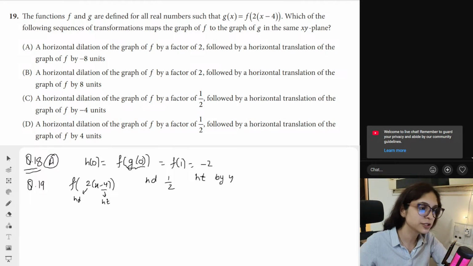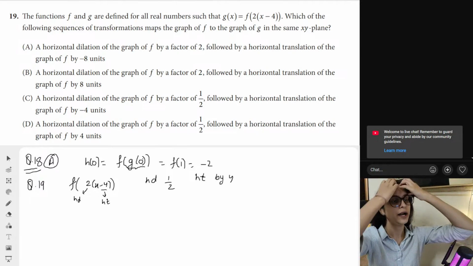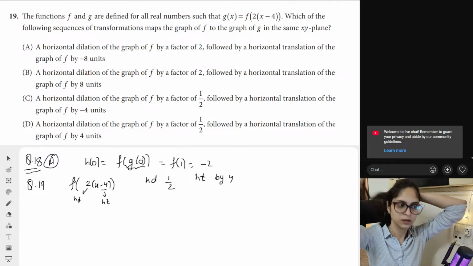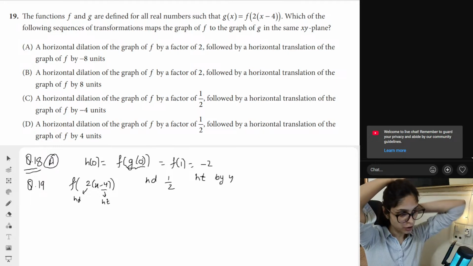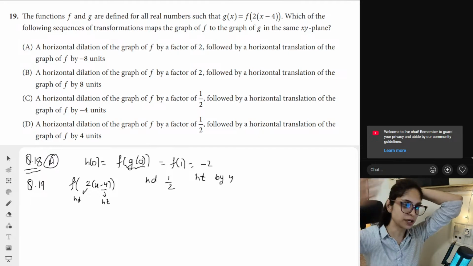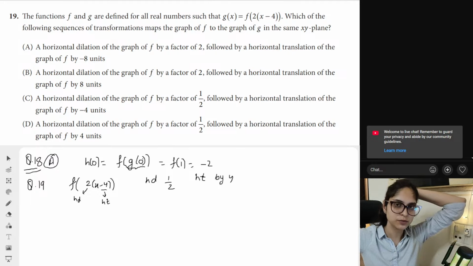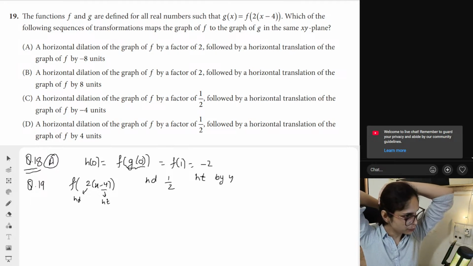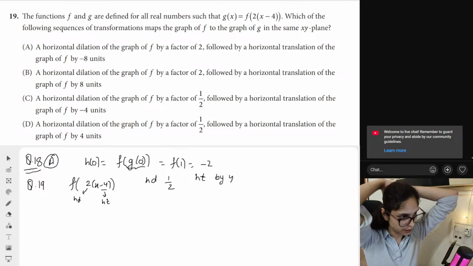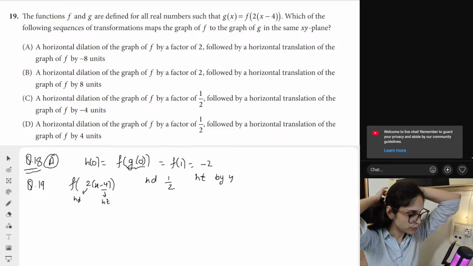Okay, so in the factor you take the reciprocal, and in translation, you take the opposites. It's negative, you're subtracting 4, that means actually it will be plus 4, right? Plus 4 units. That means you're moving to the right. So it's option D.